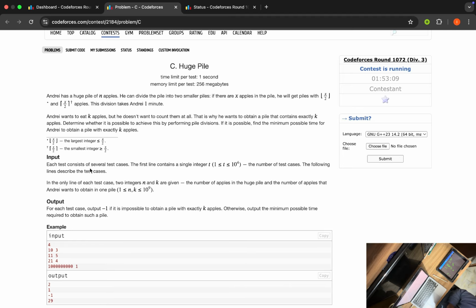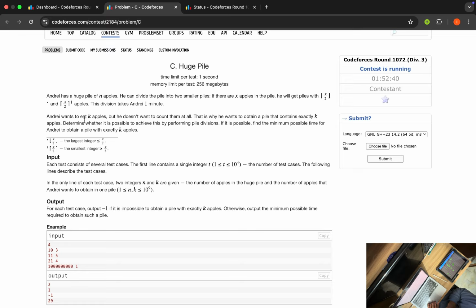Huge pile. Okay. Andrea has a huge pile of N apples. He can divide the pile into 2 smaller piles. If there are X apples in the pile, he will get piles with X by 2 and X by 2. This division takes Andrea 1 minute.